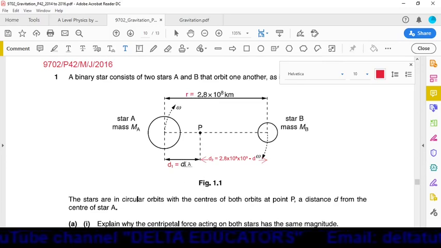This distance is d1, and the distance from point P to the other star is d2. d2 is equal to 2.8 into 10 power 8 minus d1. Here I multiplied by 10 power 3 because it is in kilometer but we have to take the distance in meter. So d2 is equal to 2.8 into 10 power 8 into 10 power 3 minus d1.